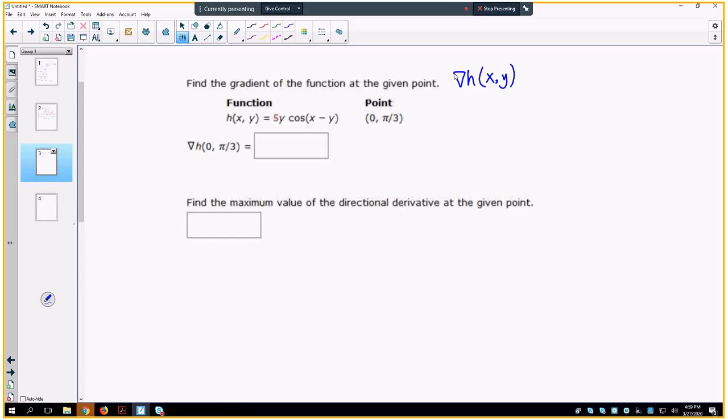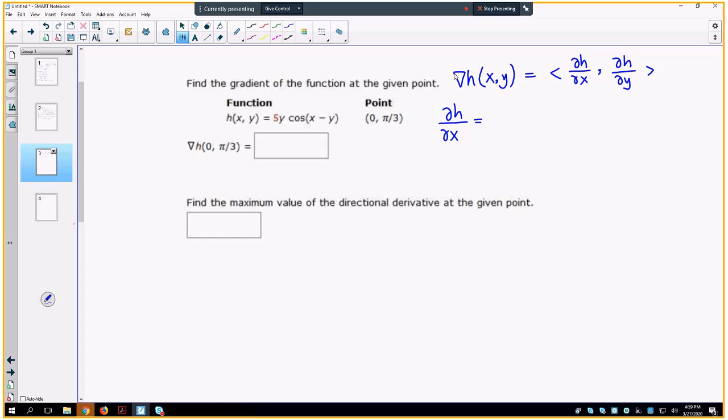We know that means I need to find the partial with respect to x, dh, and then the partial with respect to y. So del h del x. The function is 5y times the cosine of x minus y.